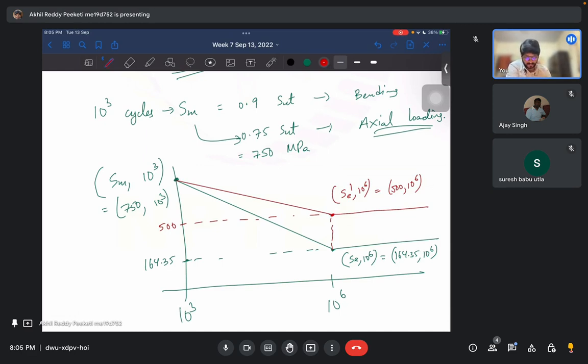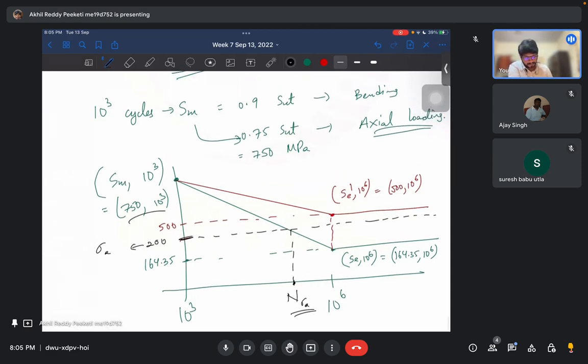Basically, let's say you are loading it to 200 MPa. If you are using the uncorrected fatigue endurance strength, it will tell you that it will never fail. But if you correct it, then it will actually fail at this number of cycles. That is why we need to do all those corrections. If you use the uncorrected one, you'll actually fail before, and that will be a major issue. It won't be designed correctly.